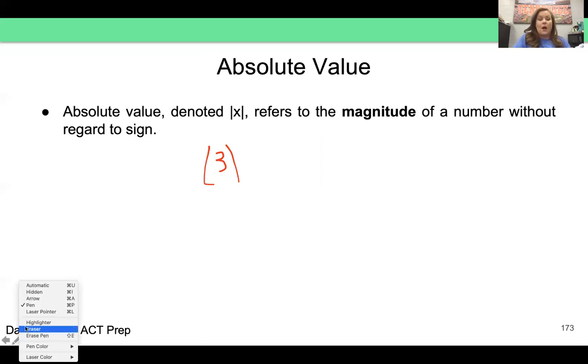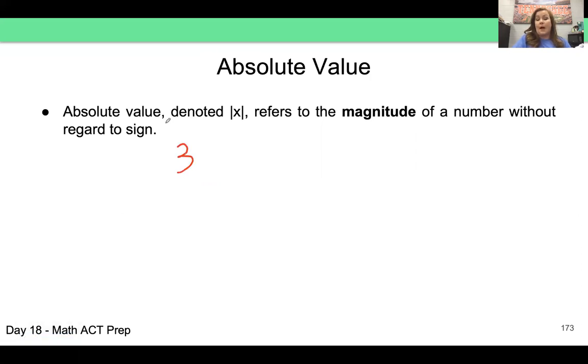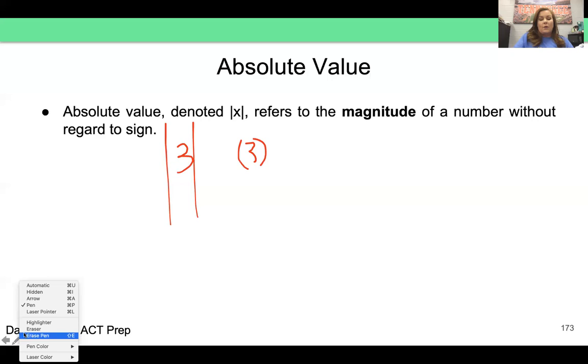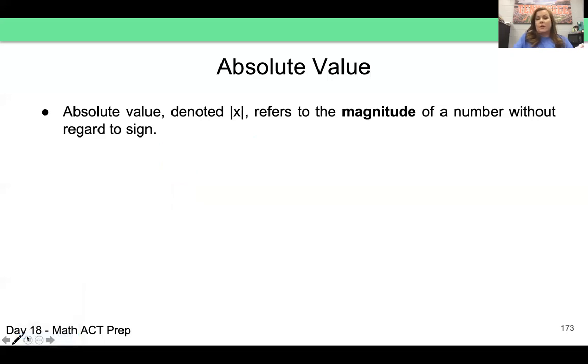I always make sure when I do absolute value, I overemphasize because I get going really fast, and then they'll have some curve to it and I question whether it's a parenthesis. So I keep my parentheses short and I over exaggerate my absolute value. Why do I over exaggerate the absolute value and not the parentheses?